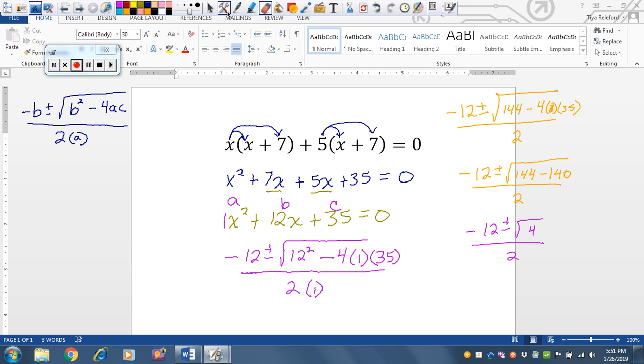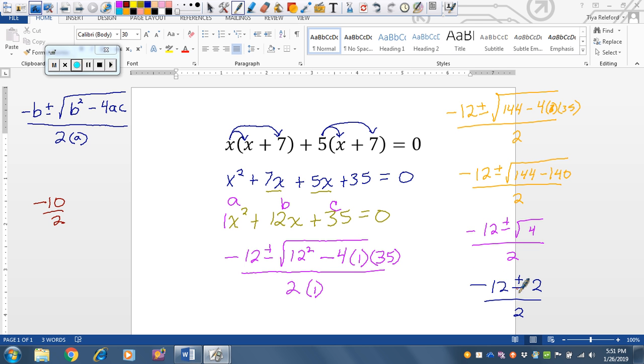Then we can simplify again. Hit pause. Don't let me go too fast. Negative 12 plus or minus square root of 4 is 2 divided by 2. Again, I'm out of room. But good news is we're almost done. So you have negative 12 plus 2 is negative 10 divided by 2.